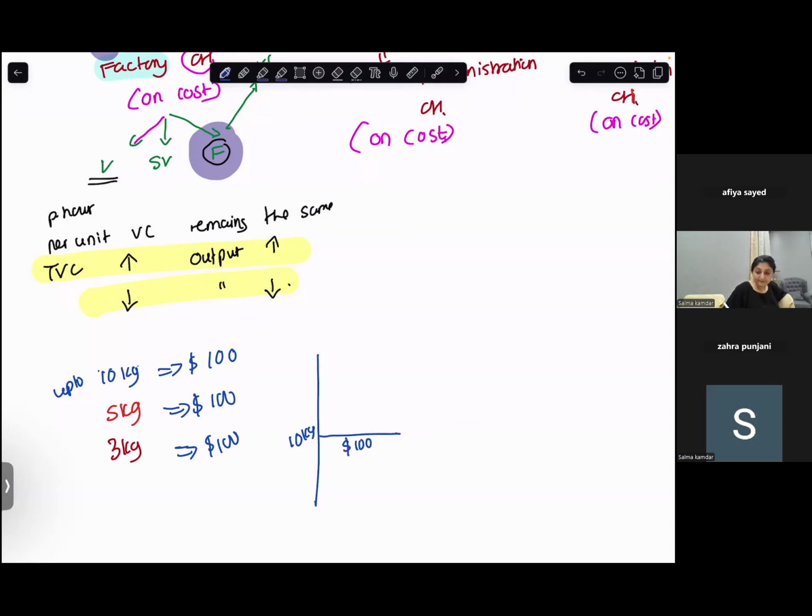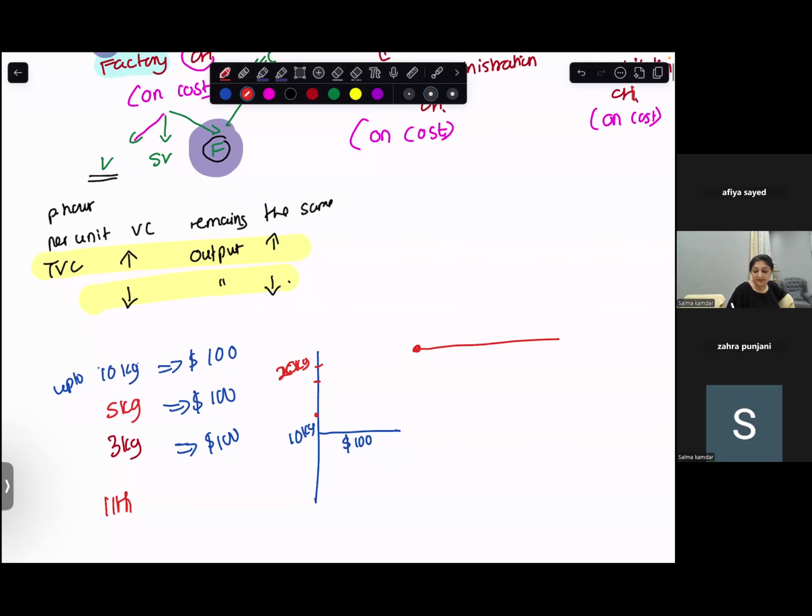Are you with me? Now if you go to the 11th kg, for the next 10 kg, they are going to charge me again 100. If you go to 15 kg, the price will still be 100.